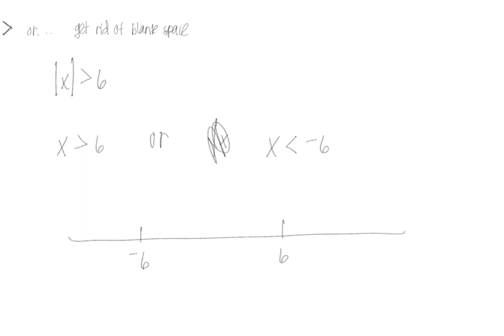get your highlighter or whatever you need, okay? X is greater than 6, parenthesis. X is less than -6, parenthesis. So, question, where's the blank space? Right here. Right there, right?